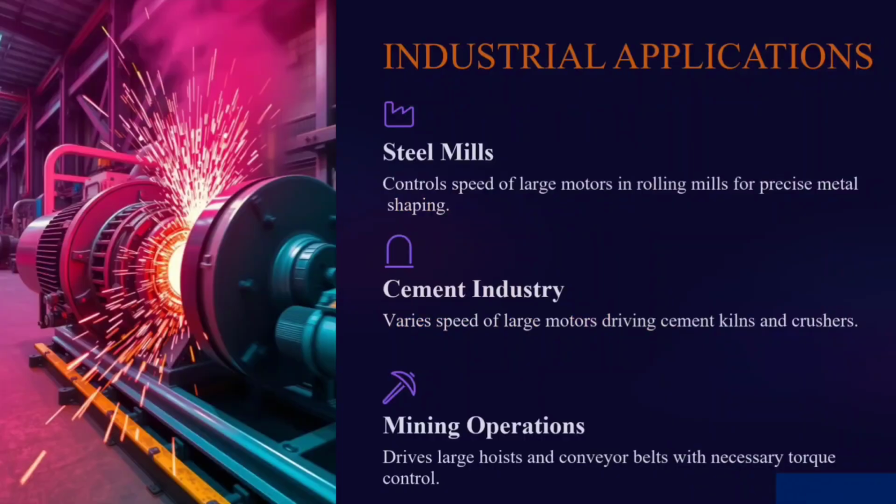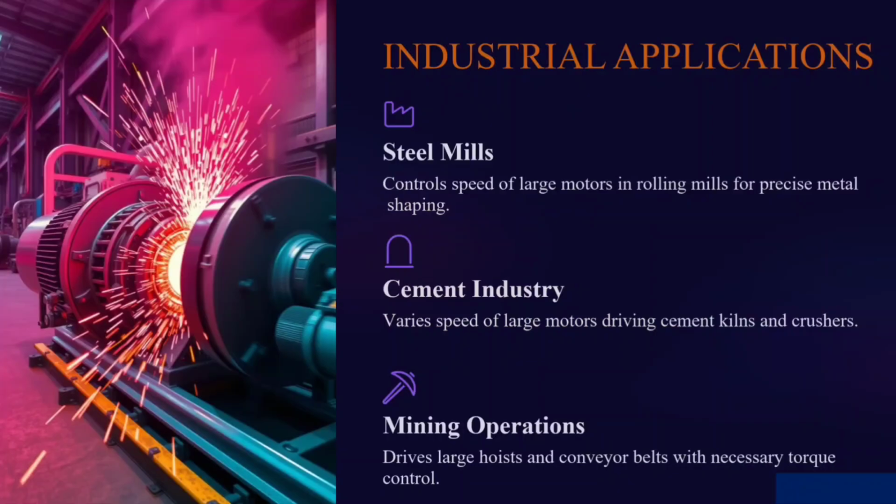Then applications. Different types of applications exist for the cycloconverter. Industrial applications, mainly steel mills. In steel mills, for metal shaping, speed control is needed, so by varying the frequency you can control the speed of a motor.